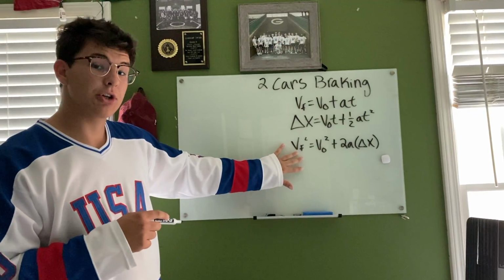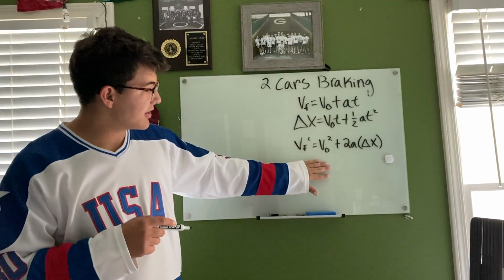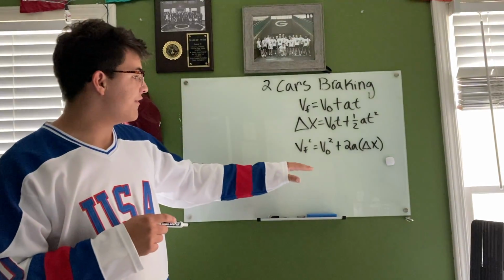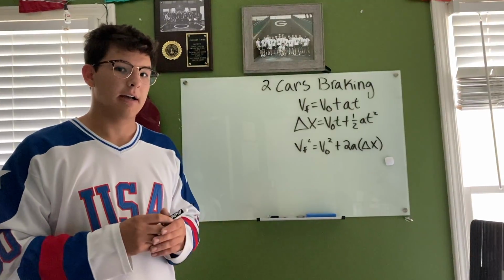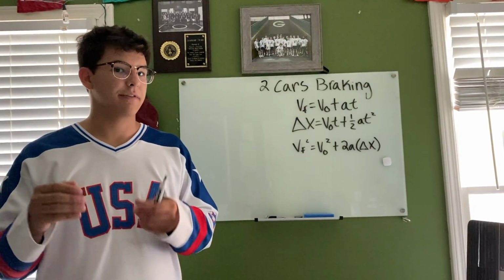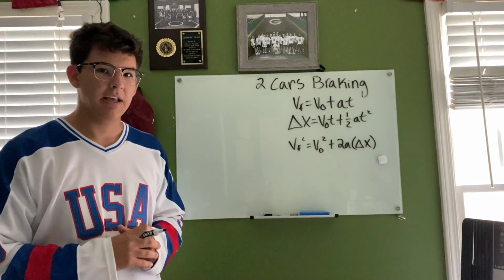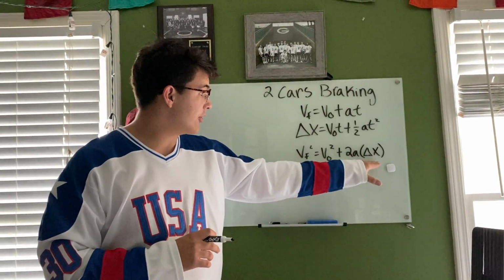And so if we use this third equation, Vf squared equals V naught squared plus 2a times the change in x, we can figure out the minimum acceleration that the chasing car needs in order to not hit the first car. Now you might be thinking, well, there are 2 unknown variables in the question right now. We don't know a, we don't know the change in x.